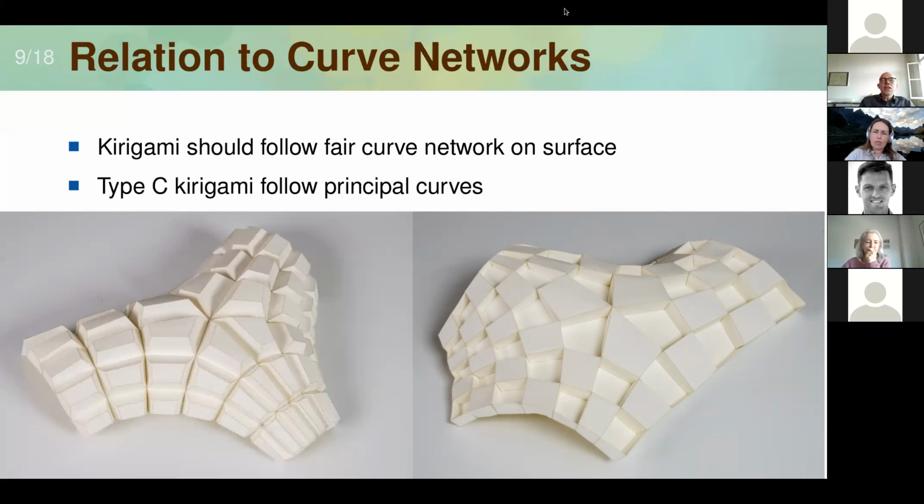You must think of, at least if some fairness is present, what kind of continuous object is approximated by these discrete objects, and you have to initialize your optimization from those continuous objects. So for example, the type C Kirigami must be initialized from the network of principal curves on a surface. Otherwise, you cannot hope for optimization to succeed. The more general box Kirigami, where you do not have so many constraints put on it, can be initialized from a more arbitrary curve network.